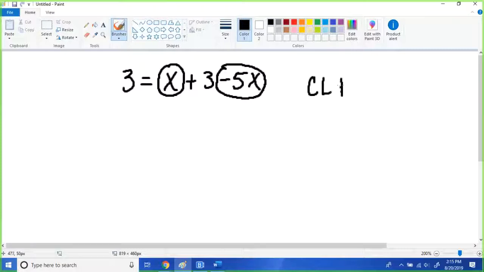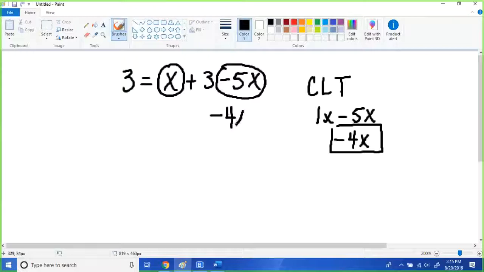So combining like terms, I'm going to do 1x minus 5x. Take the sign of the biggest number, it's negative. If the signs are different, you subtract. Those are integer rules for adding and subtracting. So when I combine 1x minus 5x, it's going to give me negative 4x. I'm going to bring down the other math and solve for x.